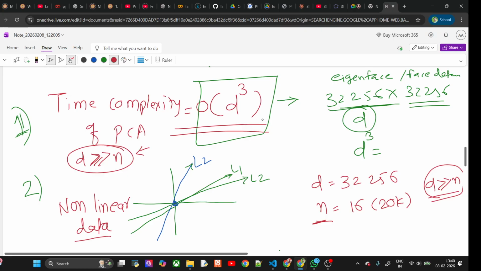This is generic and may come up in other algorithms also, so you have to figure out solutions. For this first issue, the time complexity of d cube, we will work on the case where the number of features d is much greater than the number of inputs n.